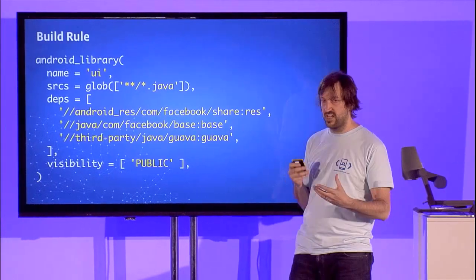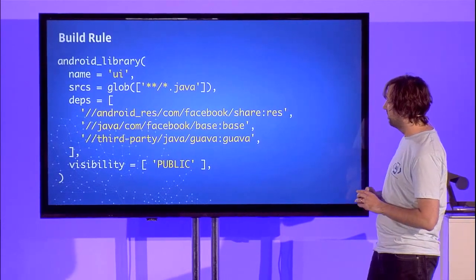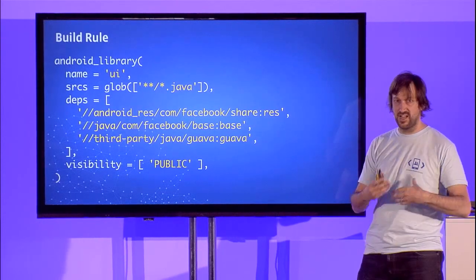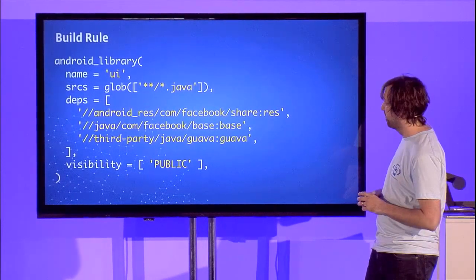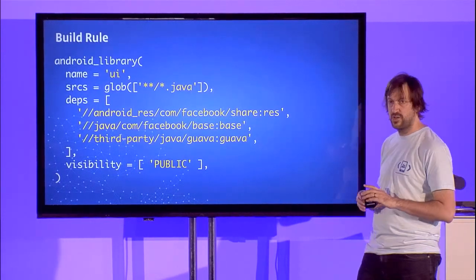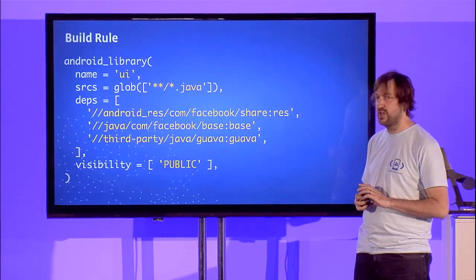Okay? So this allows you to uniquely identify any particular build rule anywhere in the tree. And we hook these things together in our build rules. So this is a standard build rule. This is for building a library, a Java library specifically for Android, so we know we can dex it, we can do all sorts of fun things with it. It's the UI library. Sources, we do a recursive glob. Now, that's not a recursive glob of the entire file tree. Right?